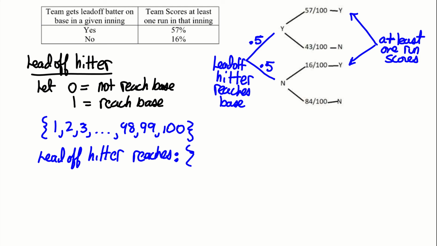Then we just need 57 values from the set of 1 to 100 to represent scoring a run. So 1 through 57, and I'll leave the squiggly brackets out because I seem to be struggling making them. 1 to 57, you score at least a run.